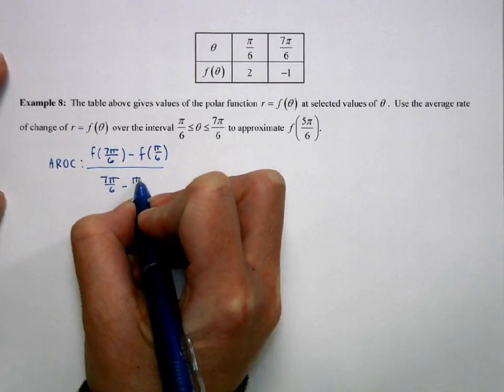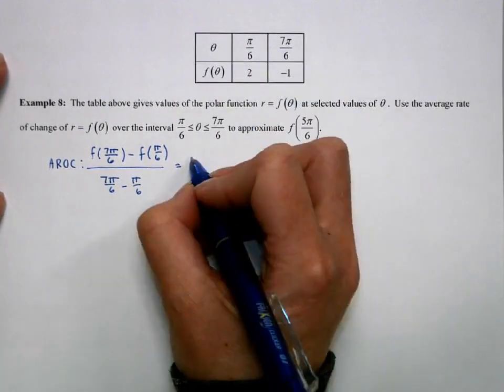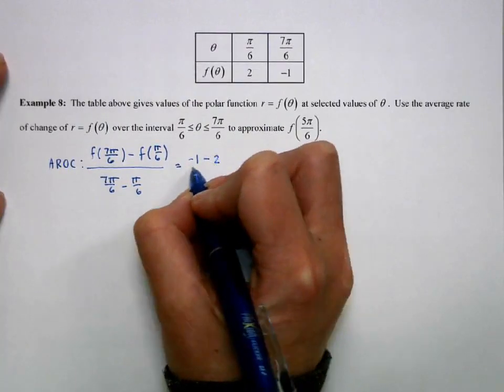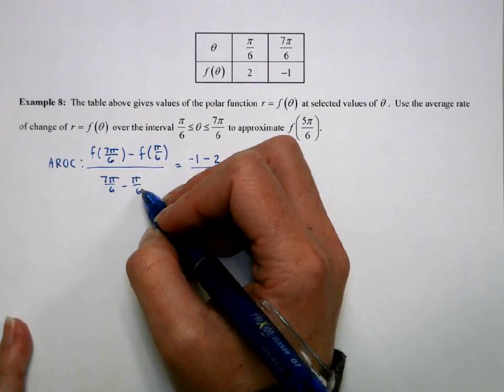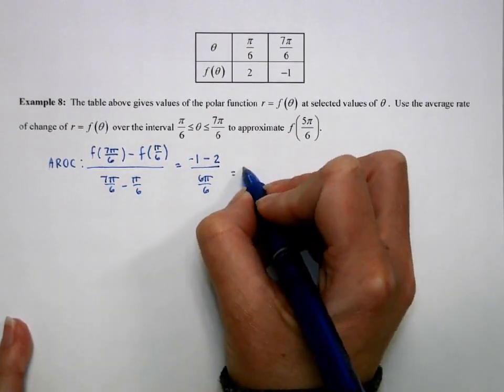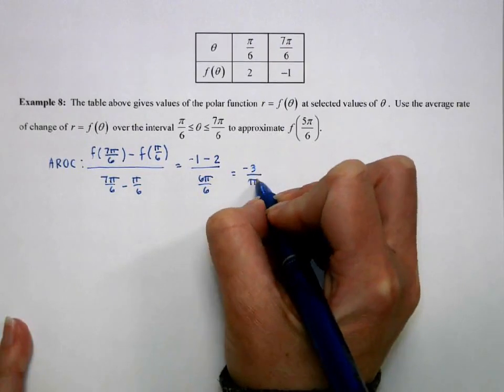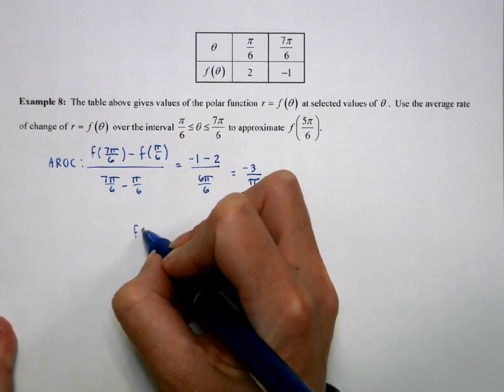According to my table, that's negative 1 and 2. 7 pi over 6 minus pi over 6 is 6 pi over 6. So this ends up being negative 3 over pi. So we're going to write an equation. Okay, I can use either of these 2 points.